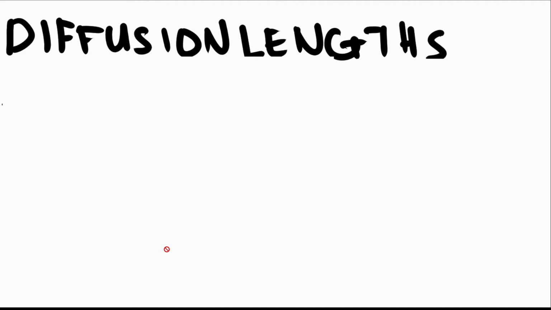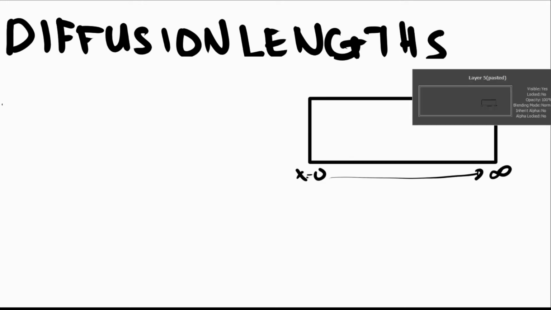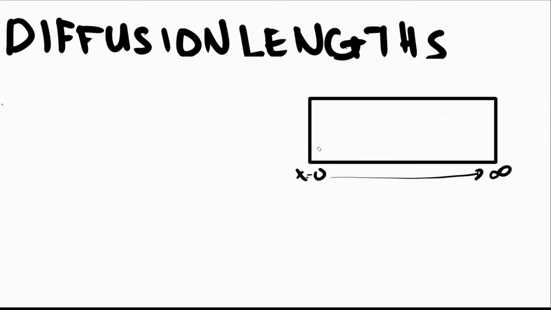So, let us consider a 1D semiconductor, as seen here, where excess concentrations of electrons are injected at x equals 0. This means we are injecting electrons there.